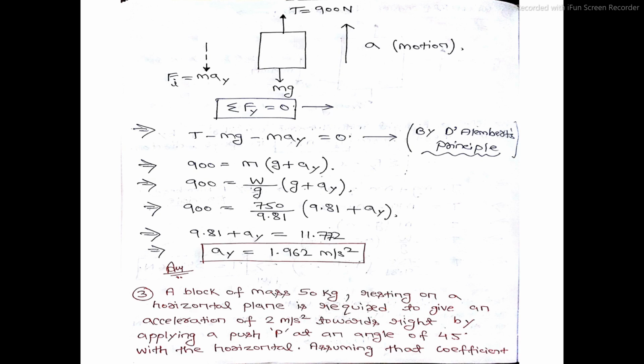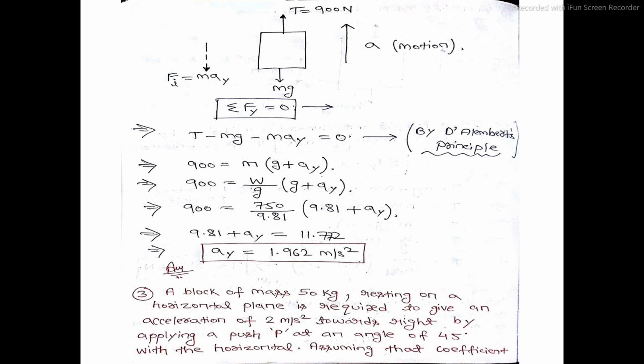What is the problem? A block of mass 50 kg, resting on a horizontal plane, is required to be given an acceleration of 2 meter per second square towards right by applying a push force P at an angle of 45 degree with the horizontal.